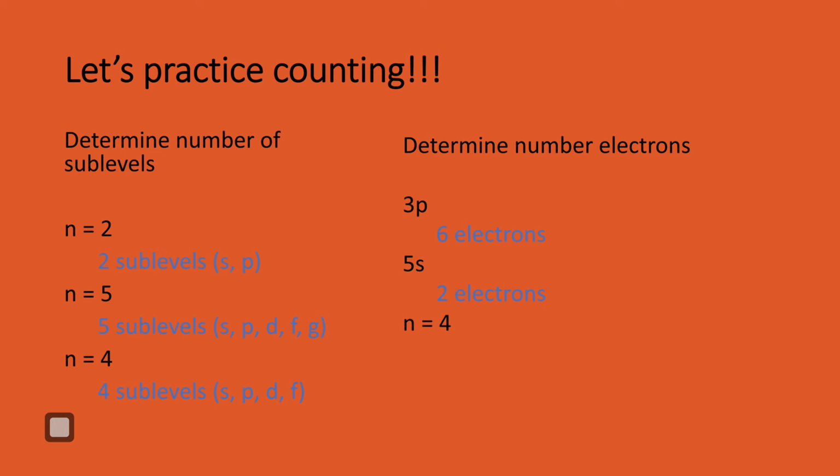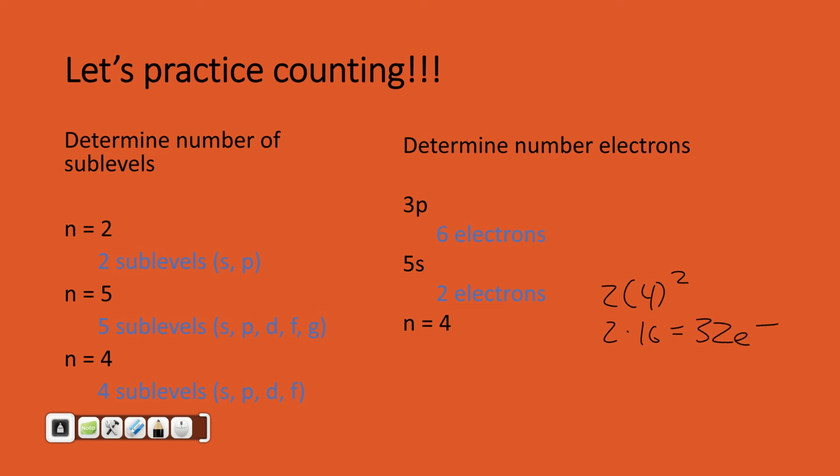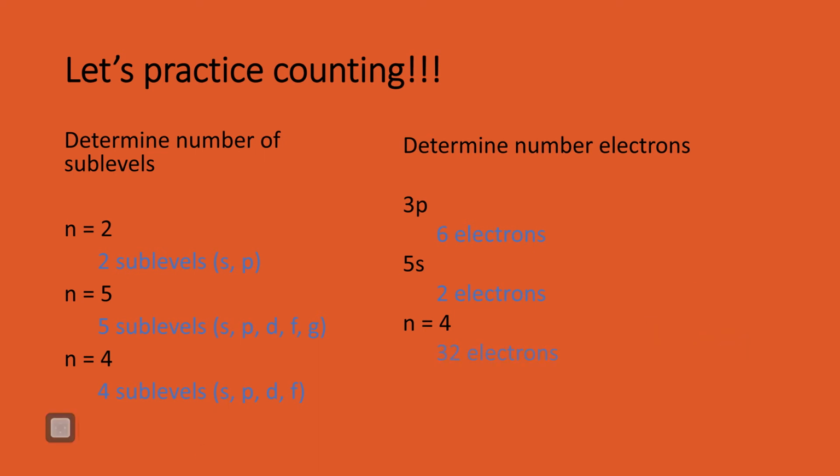If I'm in n equals 4, now I use that formula 2n squared. I'm going to do 2 times 4 squared, 2 times 16. This is going to be 32 electrons. So that's how we can solve for it.